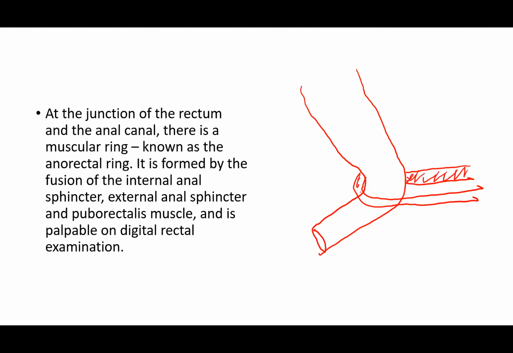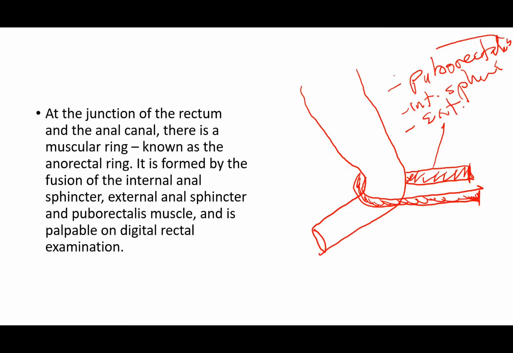This puborectalis muscle keeps this shape, the anorectal flexure, in this position. And this puborectalis, together with the internal sphincter and external sphincter, maintains the continence mechanism of an individual.